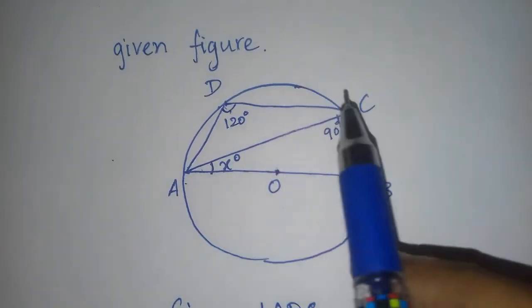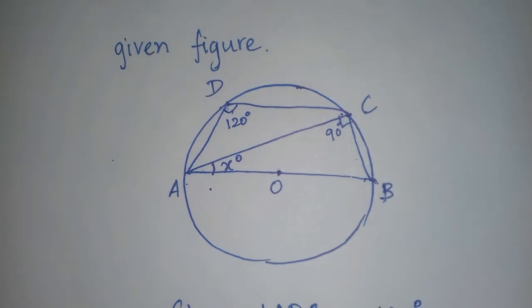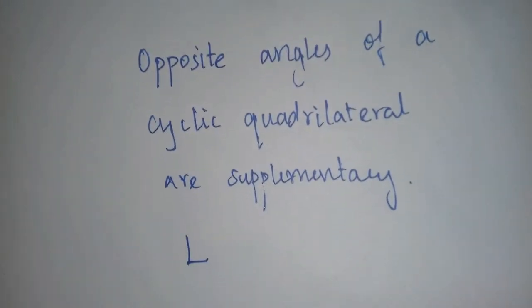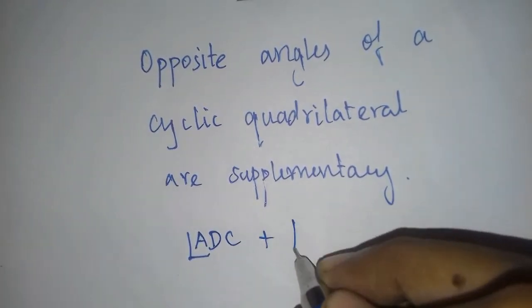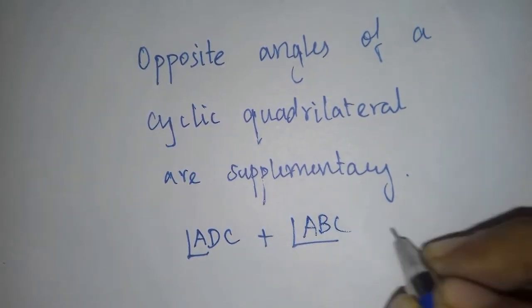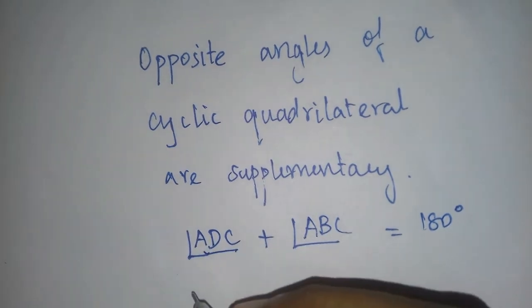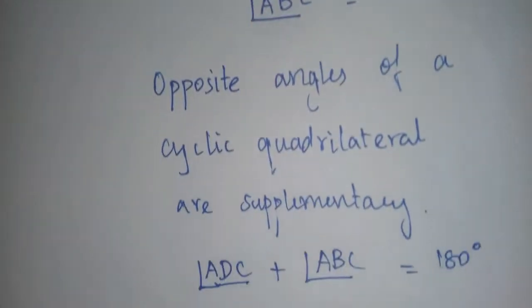Angle ADC plus angle CBA is equal to 180 degree. Angle ADC plus angle ABC is equal to 180 degree. Okay, what is the angle ADC? ADC is 120 degree.